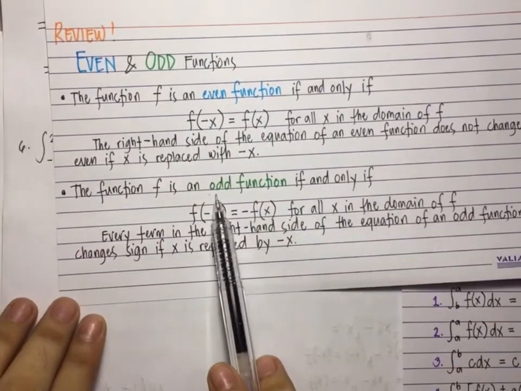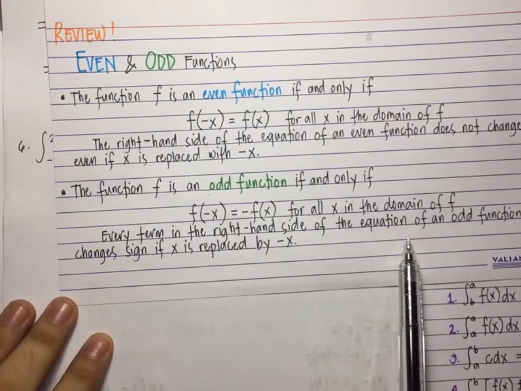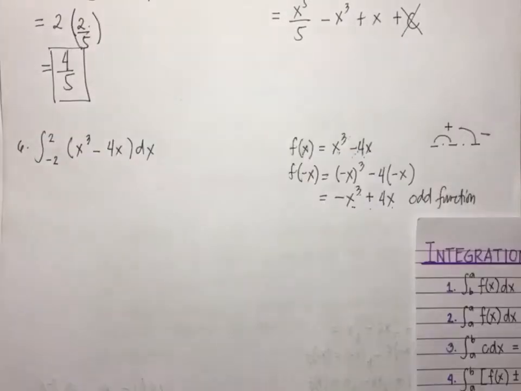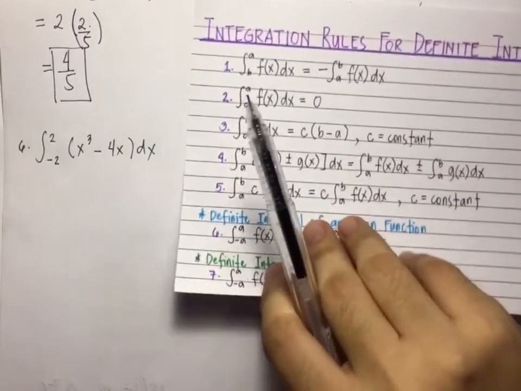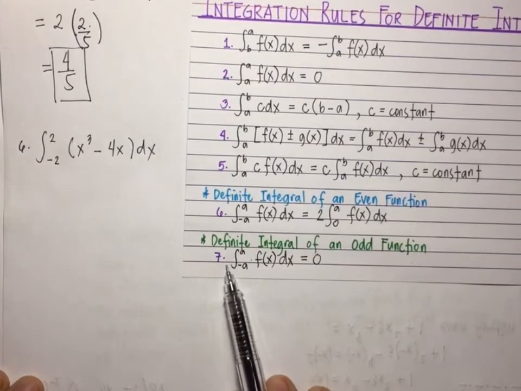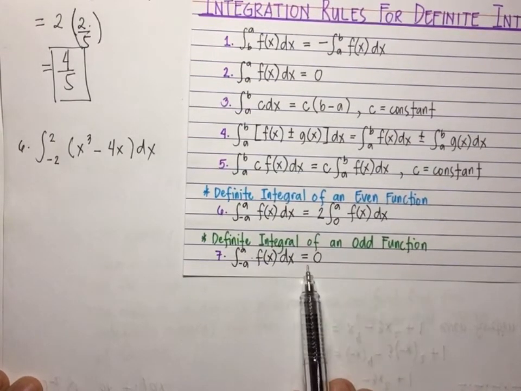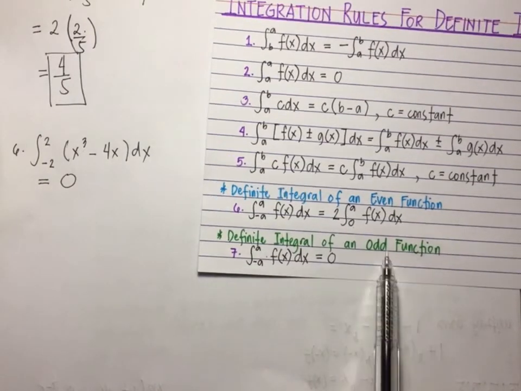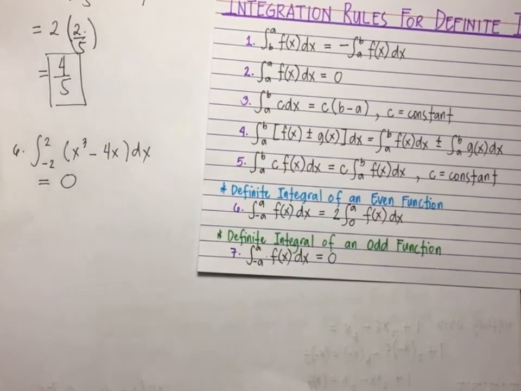Remember, it is an odd function if every term in the right-hand side of the equation changes sign if x is replaced by negative x. Therefore, we apply theorem number 7. The definite integral of an odd function is equal to 0. Since x cubed minus 4x is an odd function, therefore the integral is equal to 0.